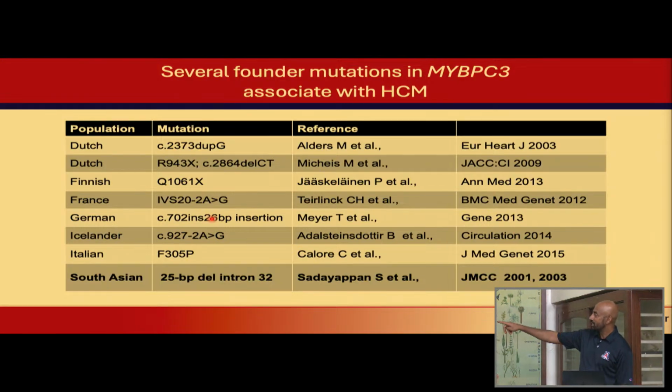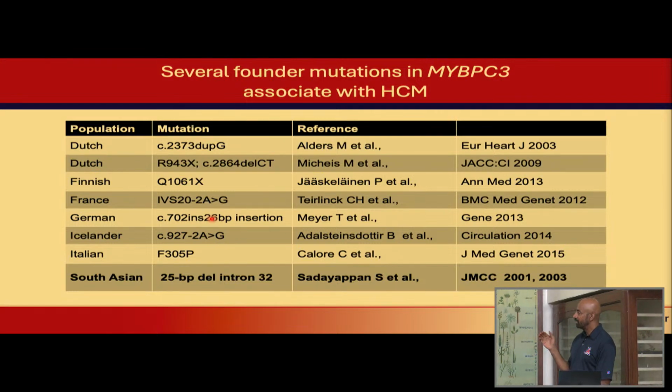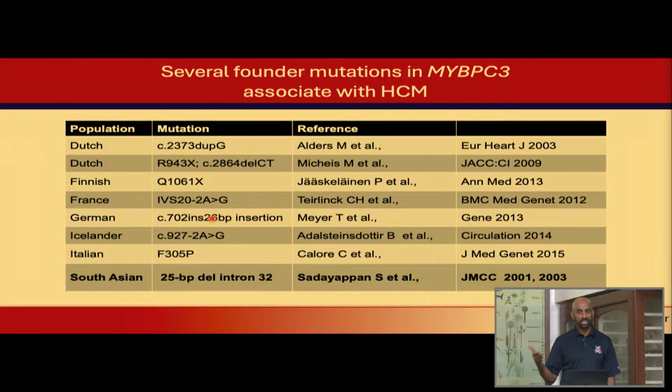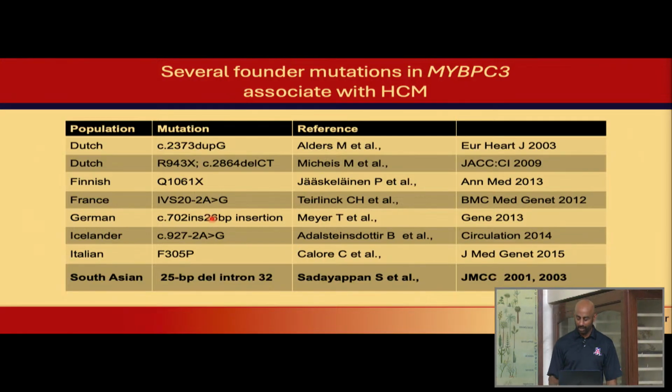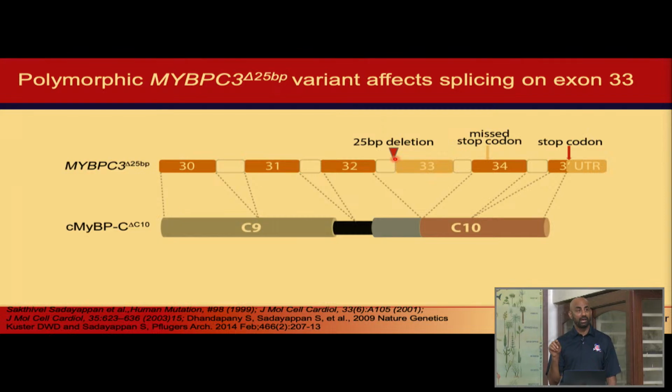So we are now focusing on a 25 base pair deletion in intron 32 of myosin binding protein C, and that was my PhD discovery, and that's what I'm going to talk about right now. So the variant is a 25 base pair deletion at the branch point exactly within intron 32. That could result in skipping exon 33 or altered splicing of exon 33.